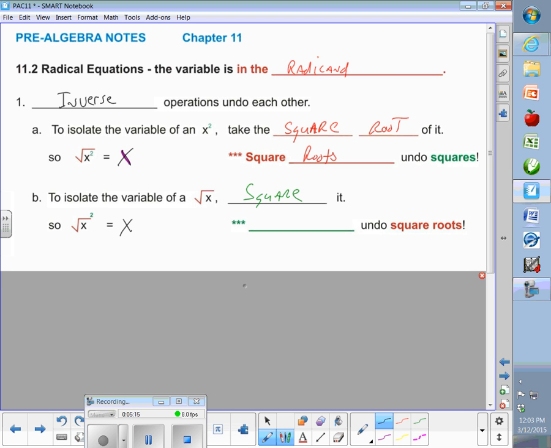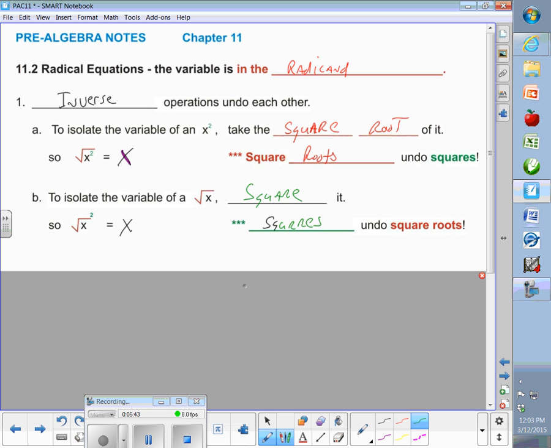We were able to get to x by squaring a square root. So squares undo square roots. That's what we're going to use for today's lesson. We'll use the other part in a lesson a couple days down the road, when we do that kind of equation. So radical equations, that's what we're going to do.